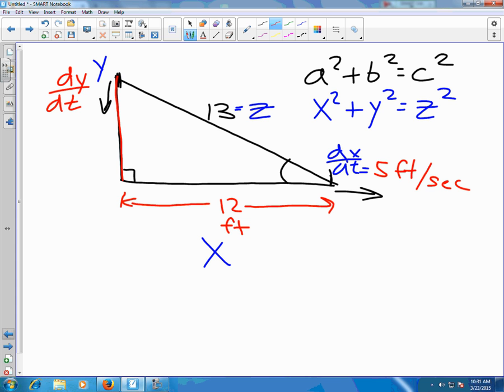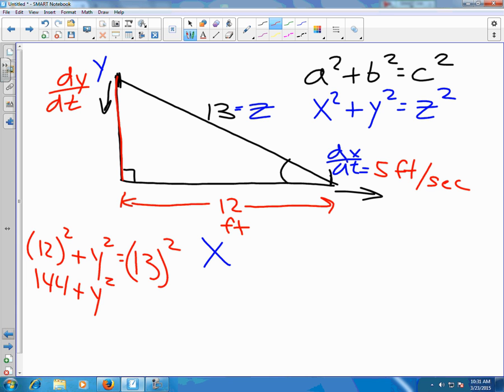So 12 squared plus y squared is equal to 13 squared. Subtract 144, you get 25. Take the square root, and you see that y is 5. It's a special triangle: if 12 is one side and 13 is the hypotenuse, 5 is always the other side. If 5 is one side and 13 is the hypotenuse, then 12 is the other side.